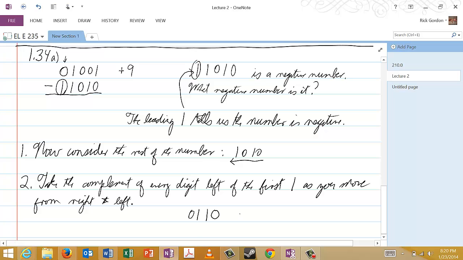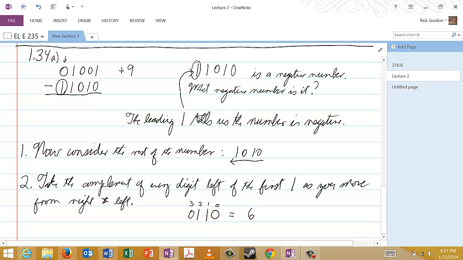Now, we know that this binary number right here, if we numbered the positions in it 0, 1, 2, 3, then this is 1 times 2 squared, which is 4, plus 1 times 2 to the first, which is 2, and 4 plus 2 is 6.